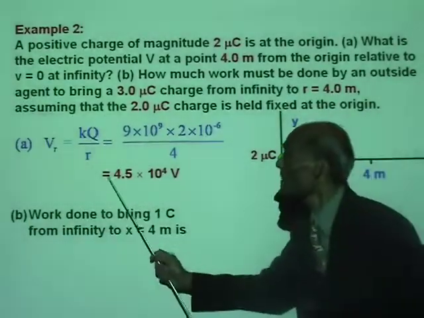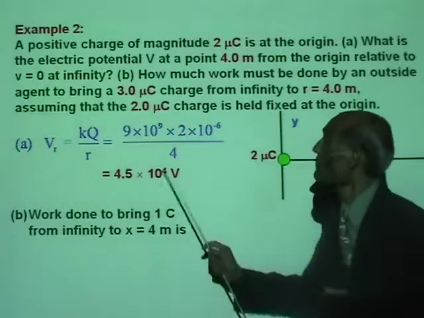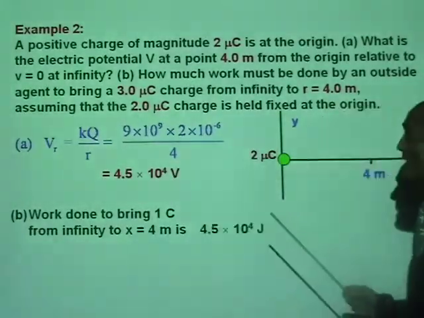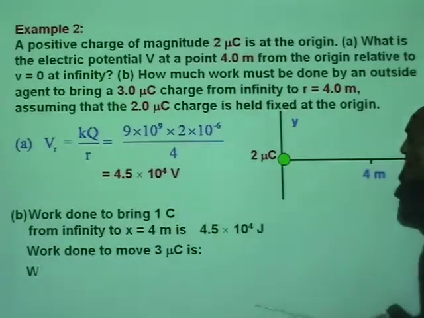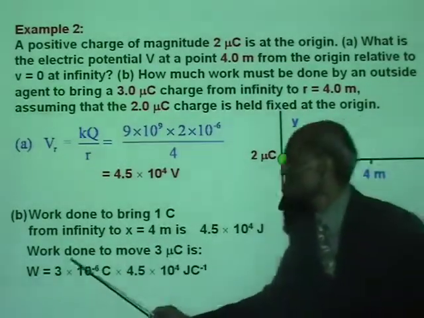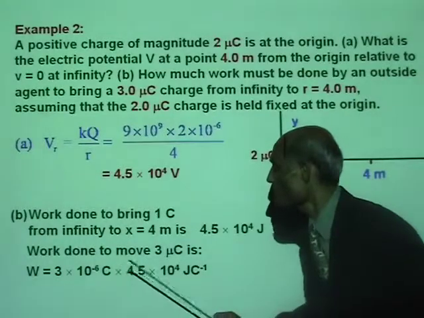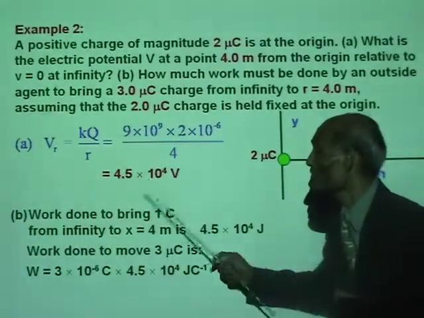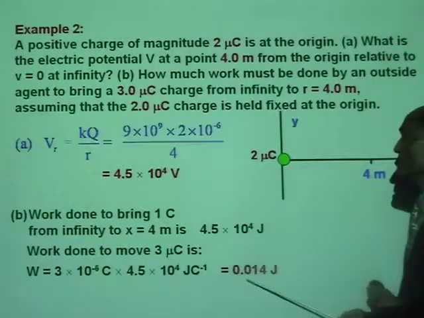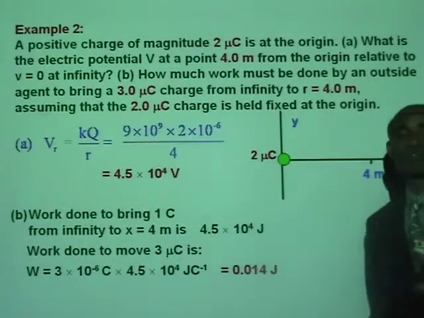It is work done per unit charge multiplied by the amount of charge. So work done to move 3 microcoulomb is the 3 microcoulomb multiplied by work done per coulomb, which is this, and that will be 0.014 joules.